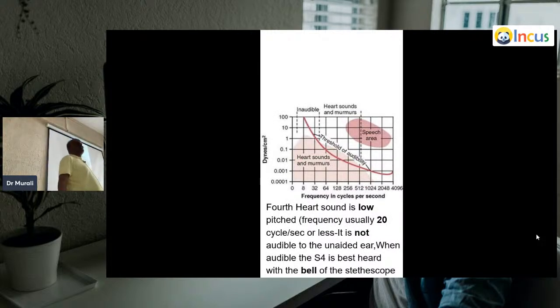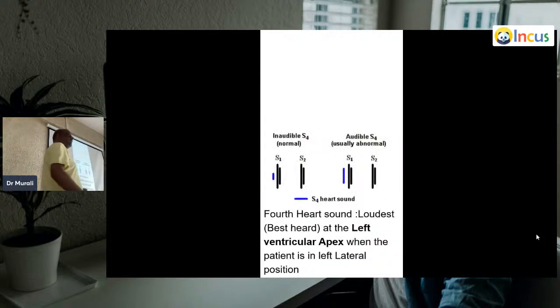What kind of sound is the fourth heart sound? It's low pitched, means high amplitude, means you require the bell. It is typically 20 cycles or less, and it is not generally audible. And to listen to that you require the bell. And where do you listen? Left ventricular apex, and typically in the left lateral position.